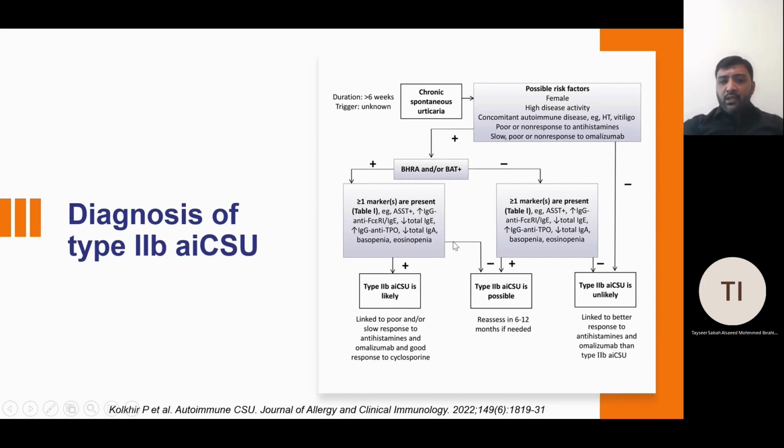If they are negative for these other markers and positive for a basophil activation test, or a basophil activation test is negative but one or more other markers are positive, then type 2B autoimmune chronic spontaneous urticaria may be a possible diagnosis. However, with a negative basophil activation test or negative other markers to assess type 2 endotype, and the absence of any risk factors for type 2 endotype, then we are unlikely dealing with type 2B autoimmune chronic spontaneous urticaria.